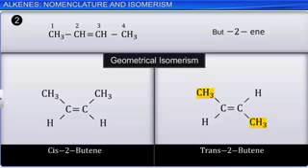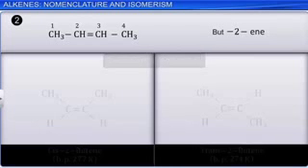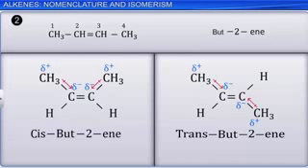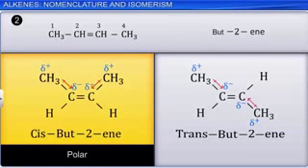Due to the difference in the spatial arrangement, cis and trans isomers have different melting points, boiling points, dipole moment, solubility, and many other properties. For example, the cis but-2-ene molecule is polar, whereas the trans but-2-ene molecule is non-polar.